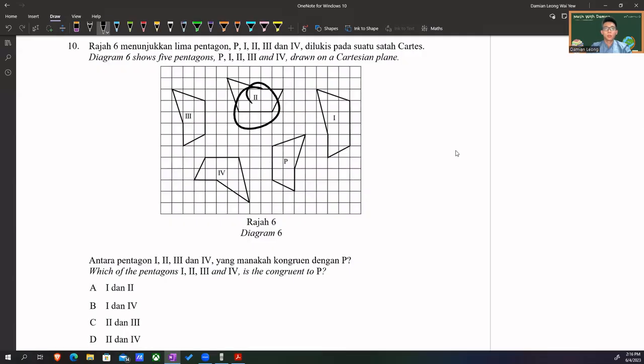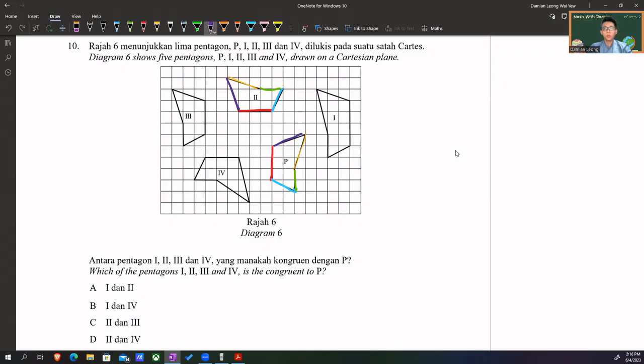See, all the sides correspond. This same as this. This same as this. This same as this. This is same as this. And this same as this.